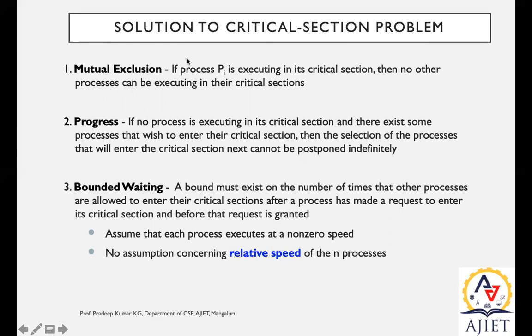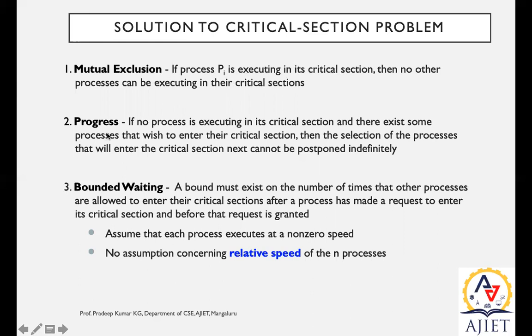Whenever a particular process is making use of one particular piece of data, at the same time no other process can use the same data. That is the meaning of mutual exclusion. Once the previous process, say Pi, is done with its critical section, only then can Pi+1 enter the critical section. That is mutual exclusion.